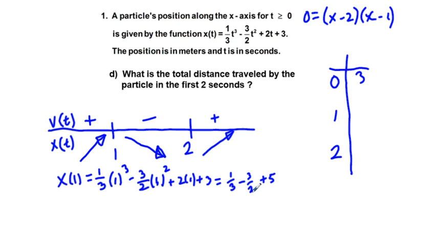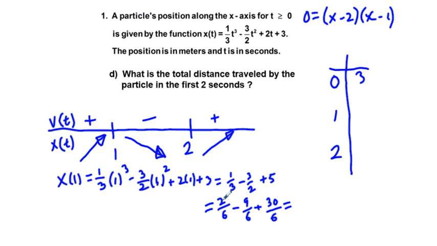So we can write this in sixths: 2 sixths, that's what 1/3 is, minus 9 sixths, that's what minus 3 halves is, plus 30 sixths, that's what 5 is.